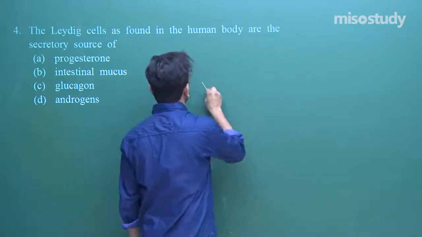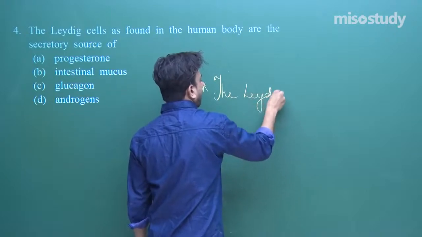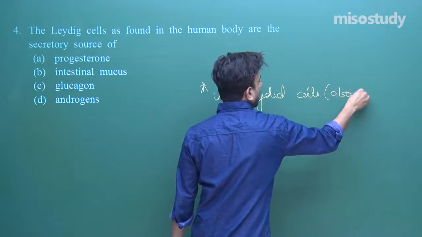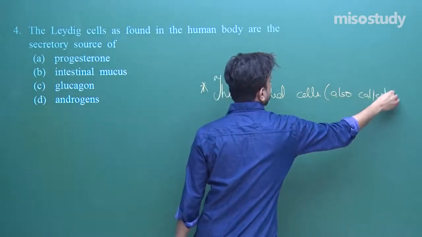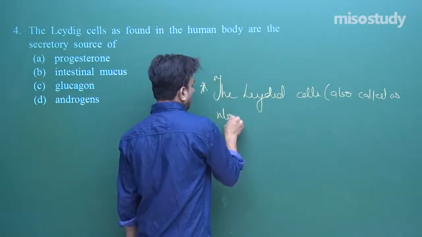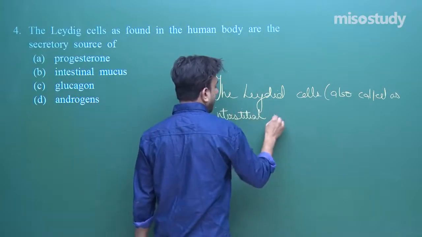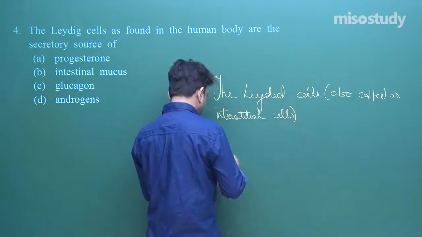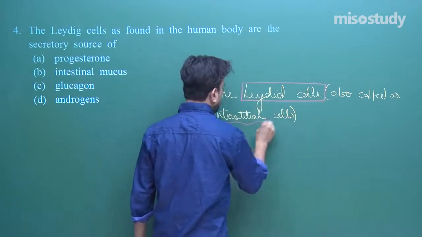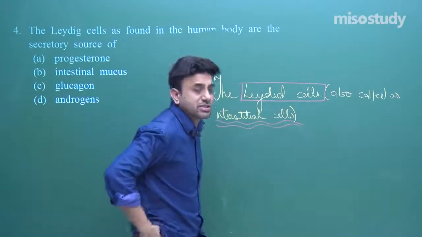So, the Leydig cells, which are also called as the interstitial cells.